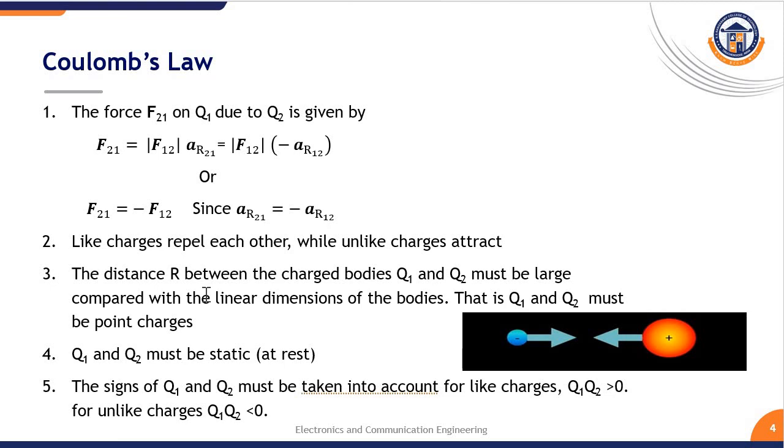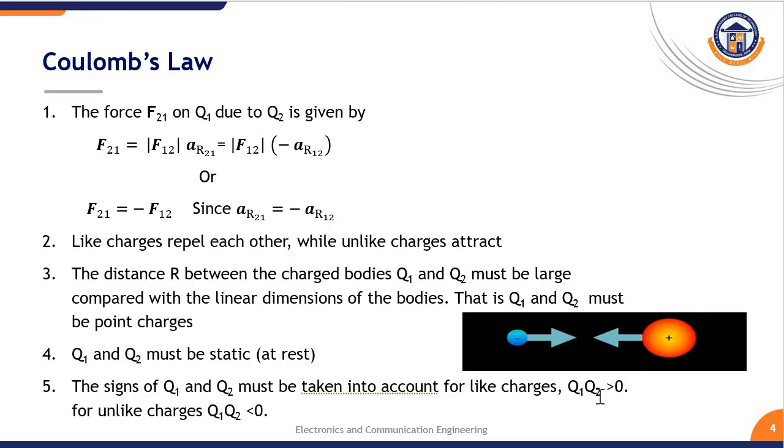The distance r between the charged bodies Q1 and Q2 must be large compared with the linear dimensions of the bodies. So Q1 and Q2 must be point charges, and Q1 and Q2 must be static, that is at rest. The signs of Q1 and Q2 must be taken into account.